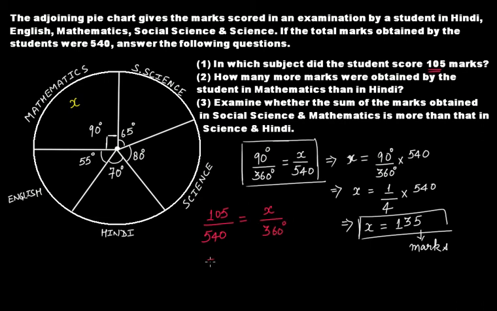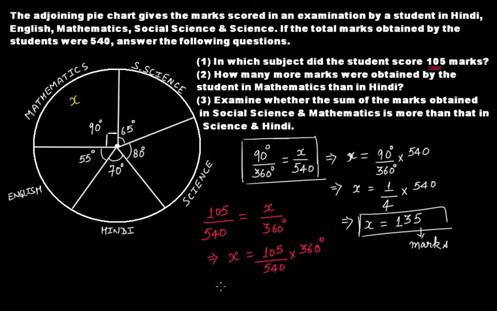If you apply cross multiplication here, you get X is equal to 105 divided by 540 times 360 degrees. If you solve this, you get X is equal to 70 degrees.